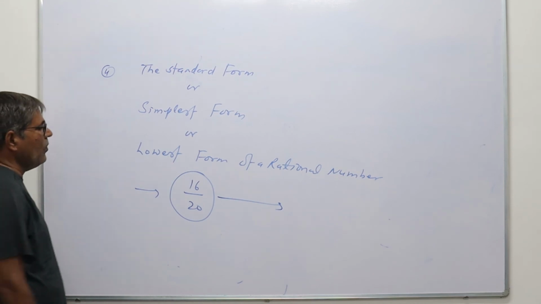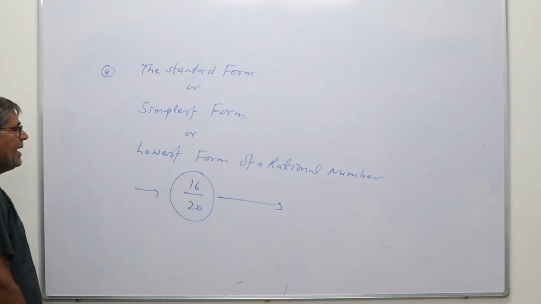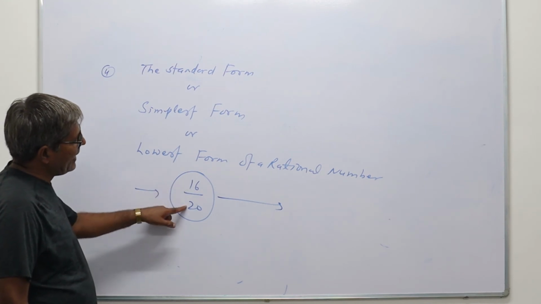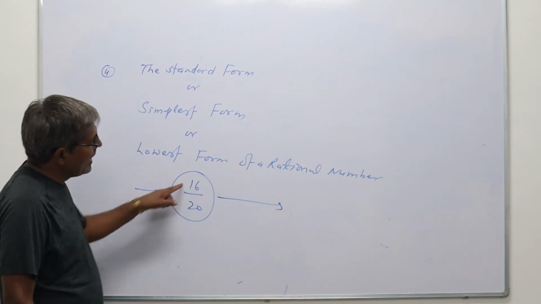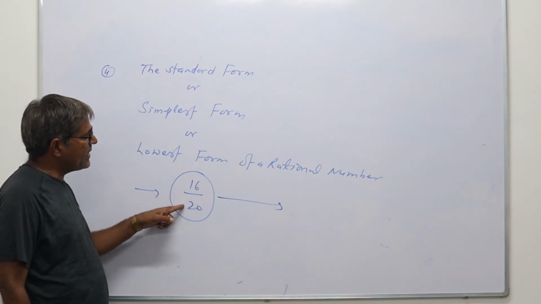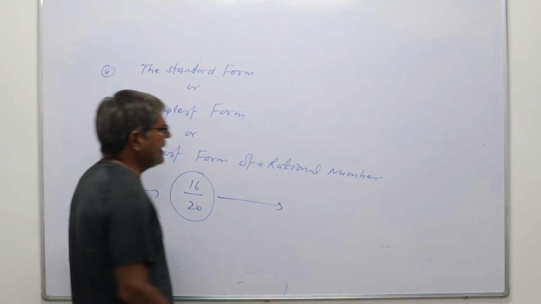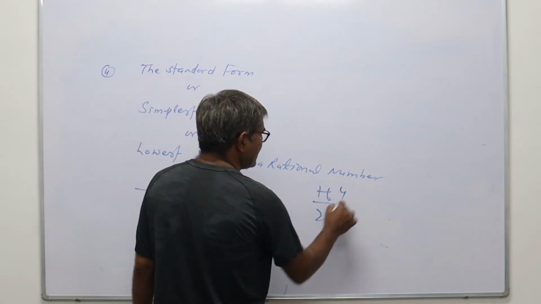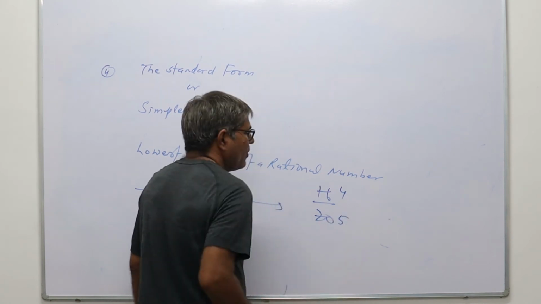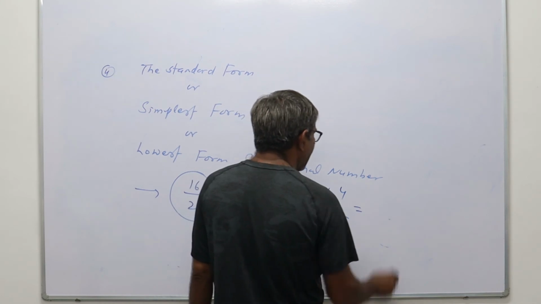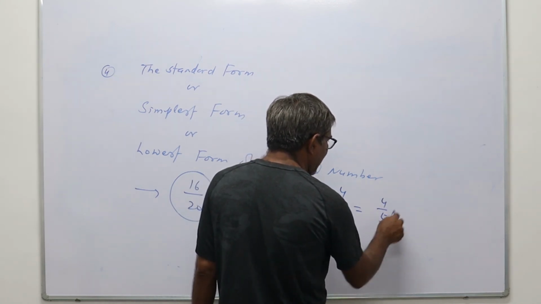So what we will do? We will find a common divisor and we will divide the numerator and denominator. So see which is the common divisor. Here if we divide numerator as well as denominator by 4, then 4 fours are 16 and 4 fives are 20. So this 16 upon 20 will reduce to 4 upon 5.